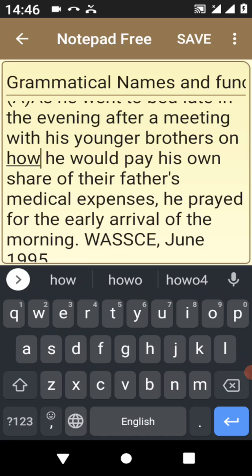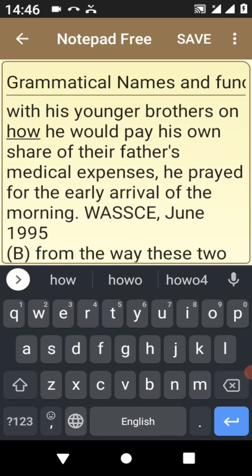So in this sentence, the early arrival of the morning is a noun phrase, because there's no clause there. He prayed for something. He is the subject of that clause. Prayed is the verb. He prayed for something, the early arrival of the morning.